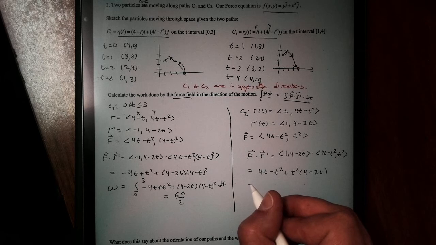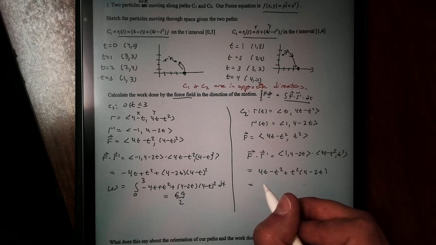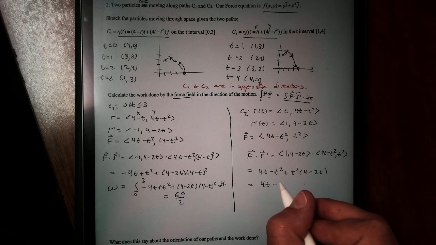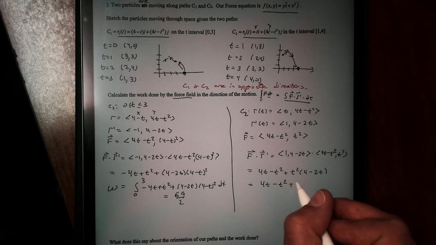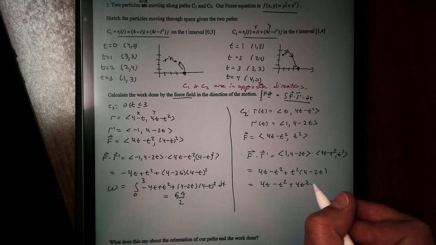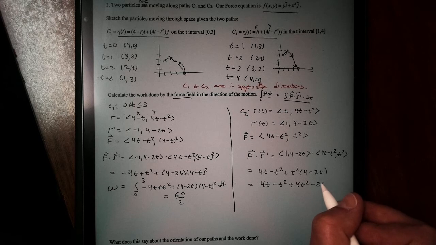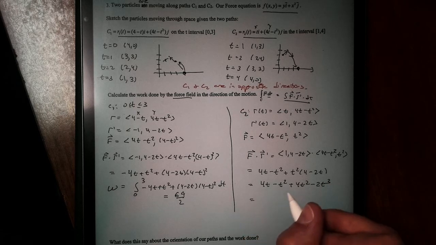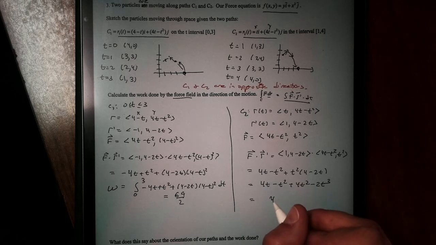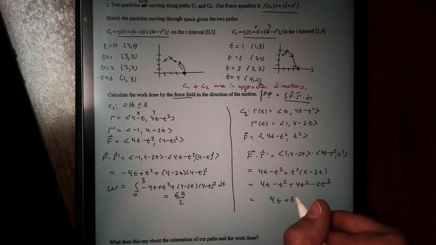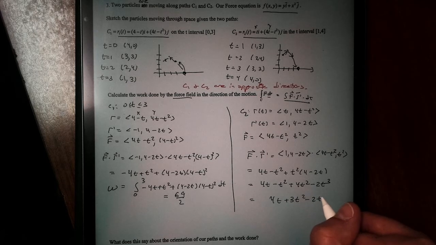And this one's not that bad. When we simplify this, we get 4t minus t squared plus 4t squared minus 2t cubed, or this becomes 4t plus 3t squared minus 2t cubed.